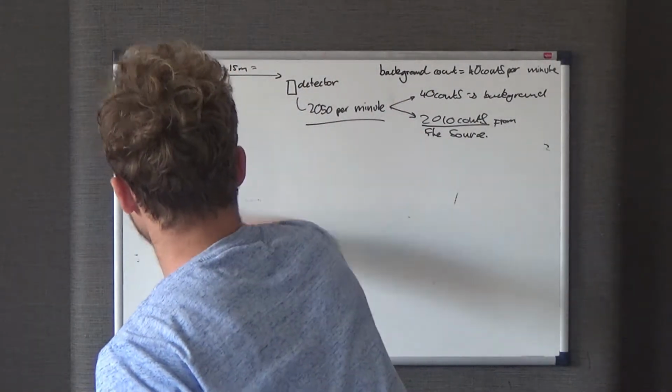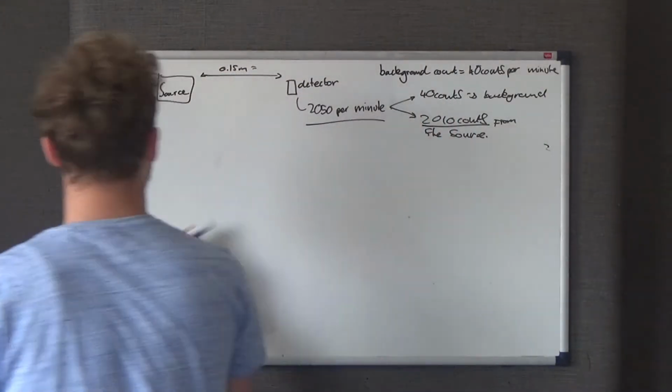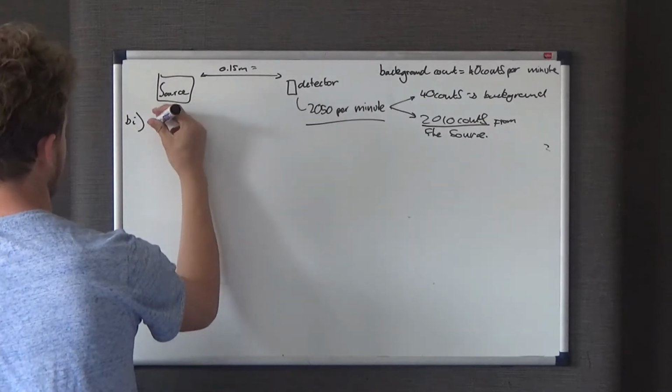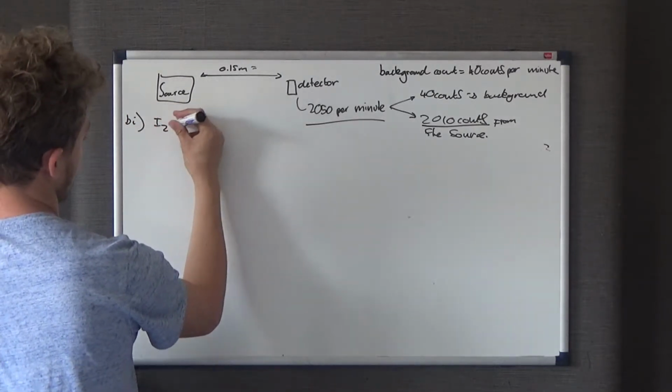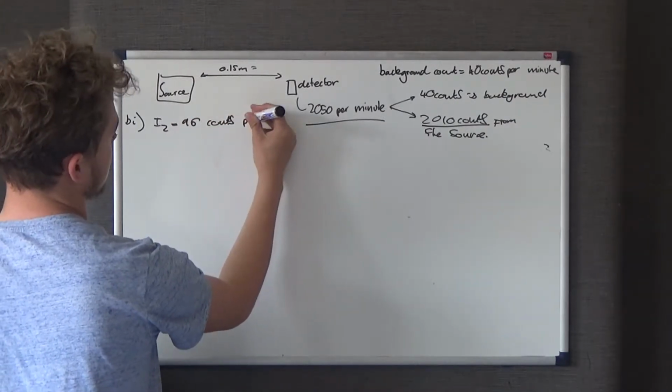Okay, so hopefully that was quite self-explanatory for you. I admit I probably got that wrong in the exam because I probably didn't look enough at the question, counts per minute.